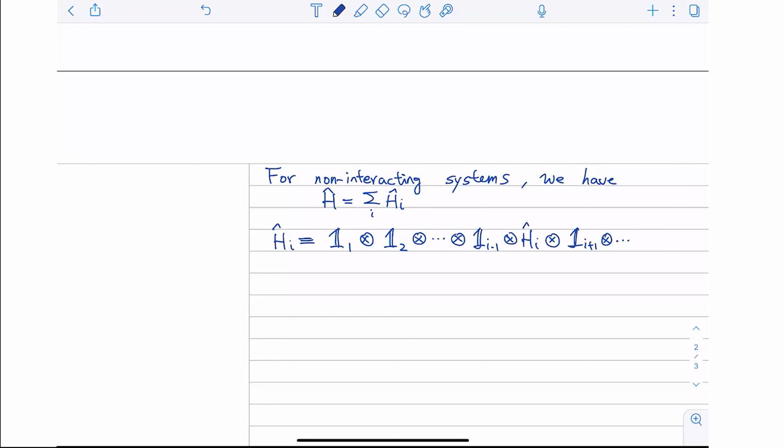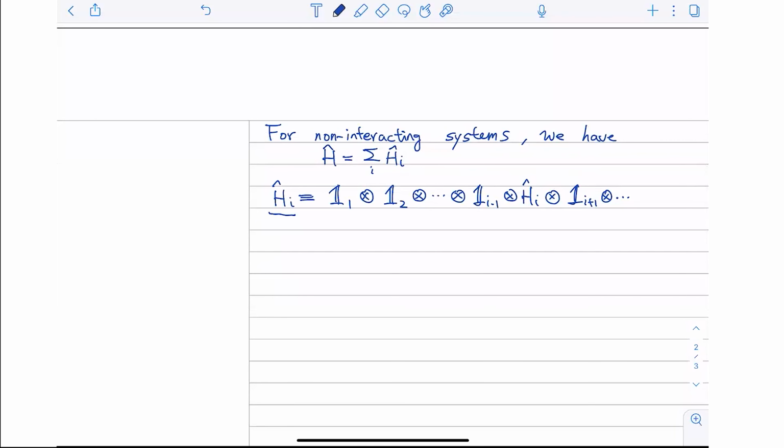Because of laziness, or because we want to keep our notation simple, most of the time we only write down this H_i hat. But what it really means is that this operator needs to act trivially on the rest of the particles and only act non-trivially on the ith particle.